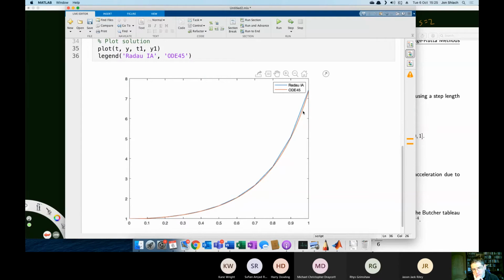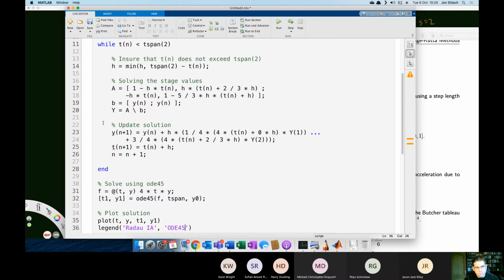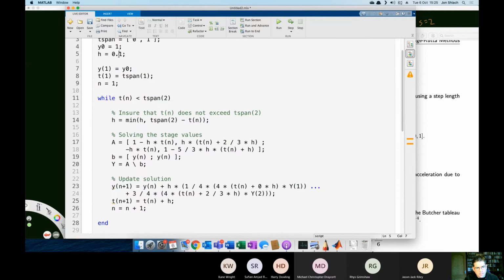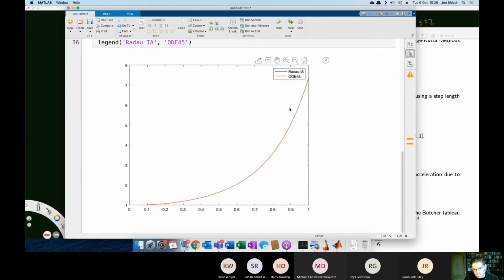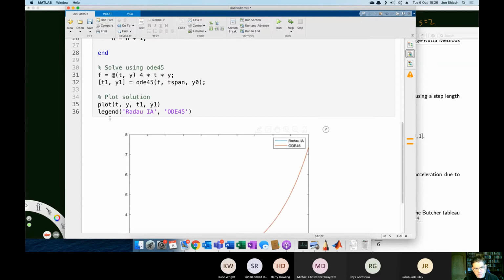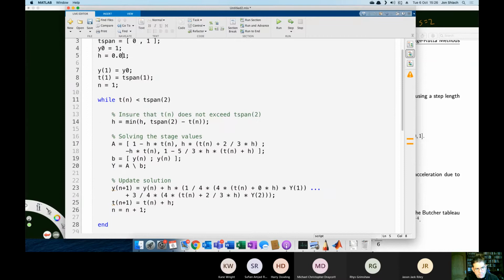There is a bit of separation here. ODE45 uses adaptive step size control, so it's used a smaller step length. We could replicate that, and let's use 10 times the number of steps. You can see they're virtually indistinguishable. So there's very little difference between Radau IA and ODE45 using the smaller step length.